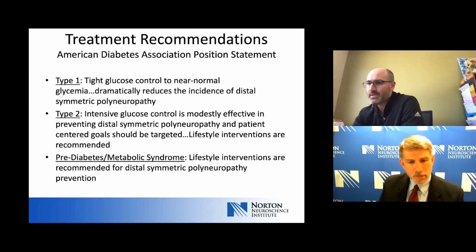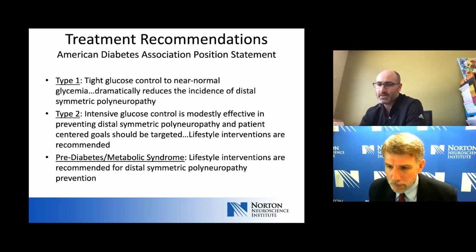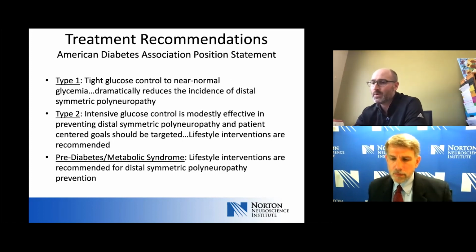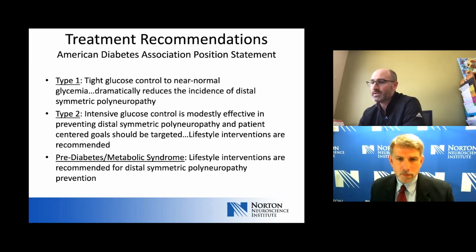Recognizing the differences in the pathophysiology between type 1 and 2 diabetes, the recommendations on management do differ a bit. In type 1 diabetes, the focus is on tight glucose control, whereas in type 2, it's acknowledged that lifestyle interventions play an important role.